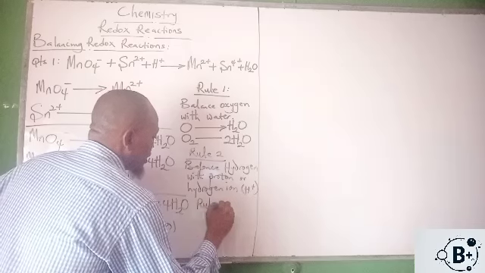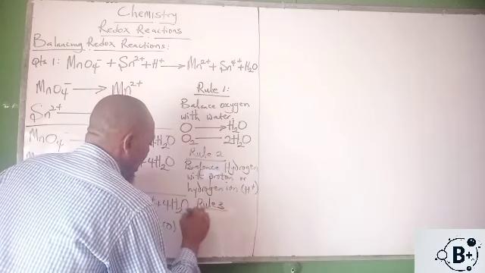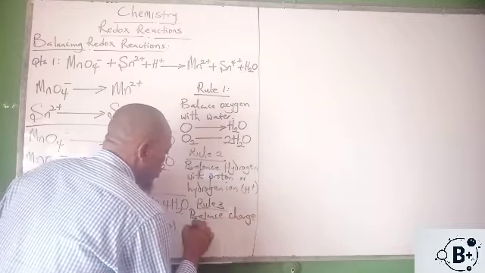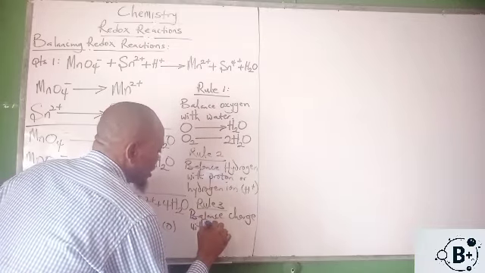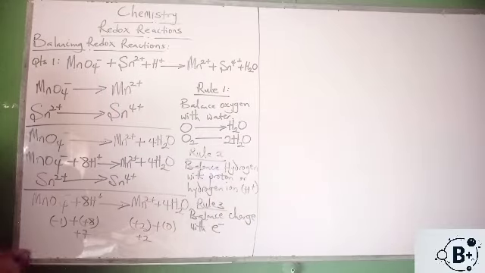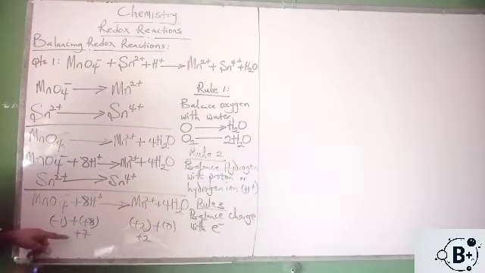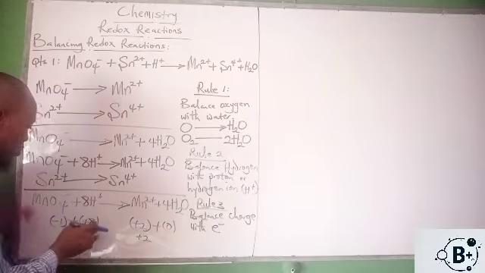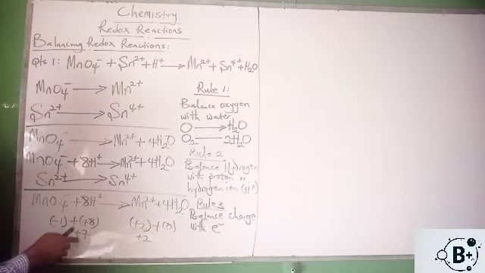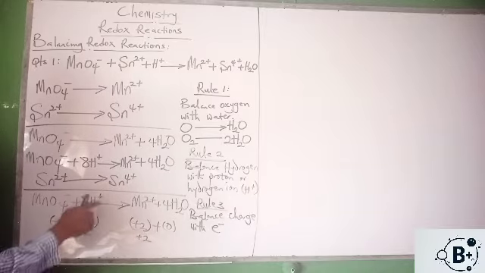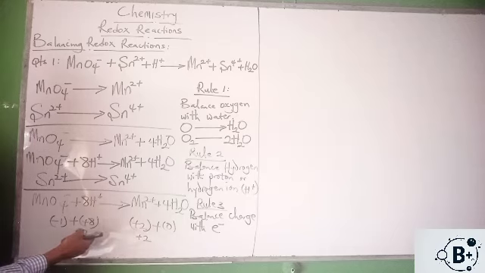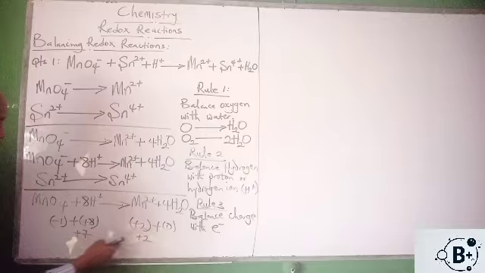Rule number 3 says that we should balance charge with e-. We remove electrons from the side with the higher number. We don't add it to the small side, we add it to the bigger side. This side has 7, so we put electrons on the left hand side of this reaction and remove 5 from it, because if we remove 5 electrons we are going to have 2.